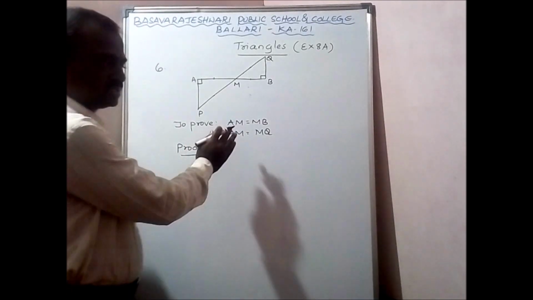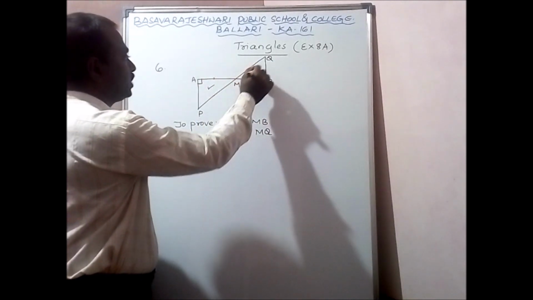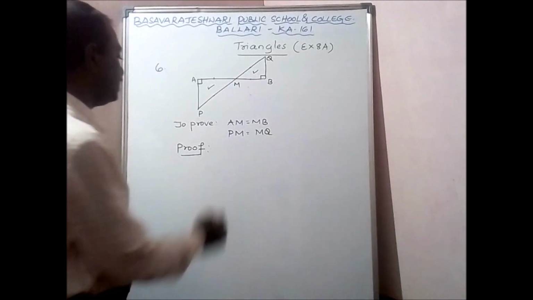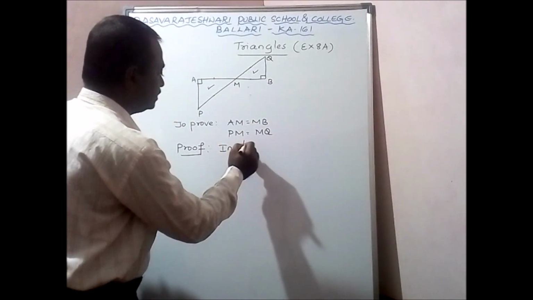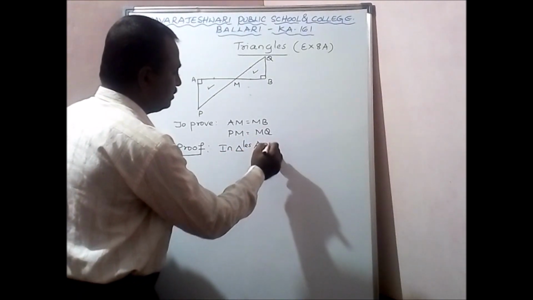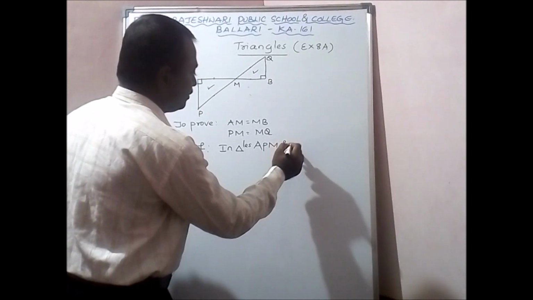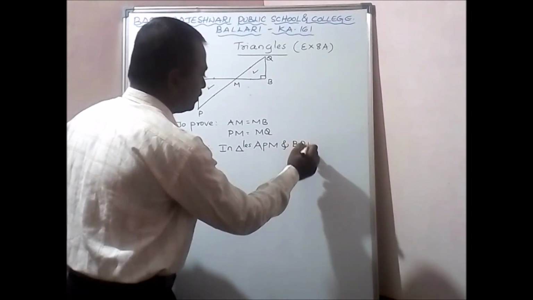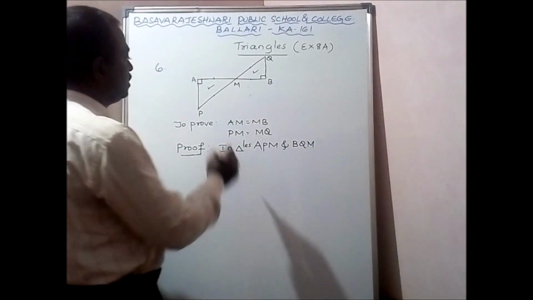In order to prove this, we have to prove that two triangles are congruent: triangles APM and BQM. We have to prove the congruency of these two triangles.